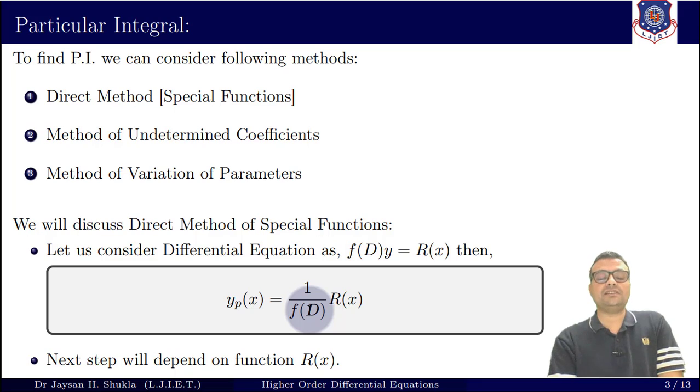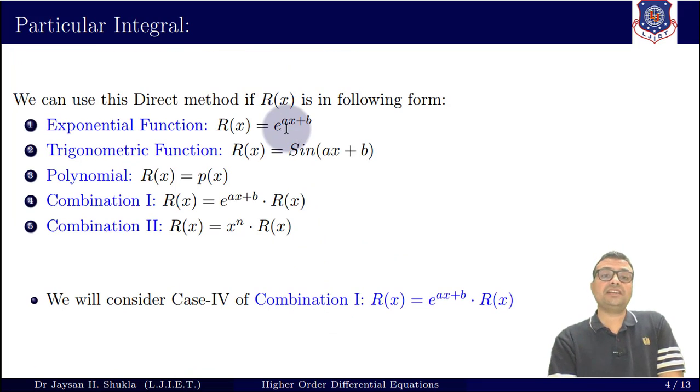Now the next step is depending on R(x). R(x) can be exponential function, sine or cos, polynomial of x, and then combinations e raised to ax plus b into R(x), x plus 2, and into R(x).